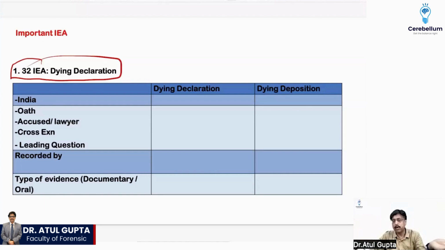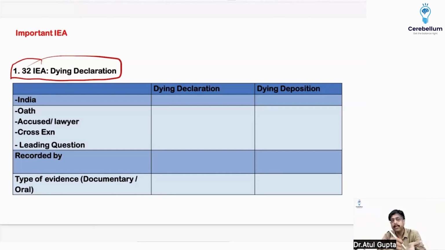It is a case of 80 to 90% burns. The statement that you record will be very important, because once the lady dies, nobody can come to know what happened. Your responsibility becomes paramount. If you record the statement, that statement can help to get justice for that poor victim.